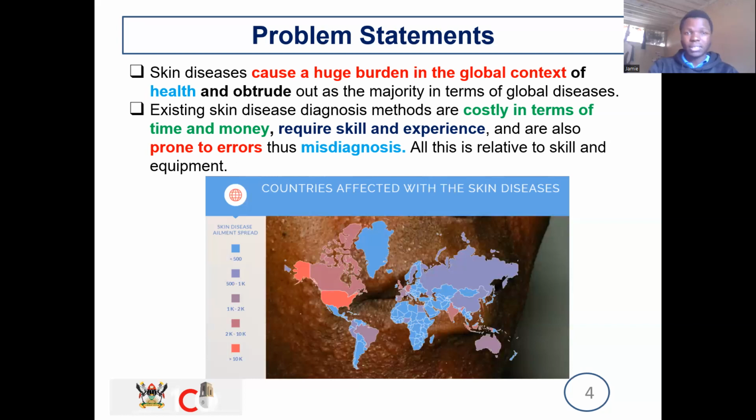Also, existing skin disease diagnosis methods are quite costly in terms of money and time, require skill and experience, and are also prone to errors. That means people can actually get a misdiagnosis. And as we will see later in our literature review, the gravity of how detrimental skin disorders or misdiagnosis can be builds relevance for our research topic.